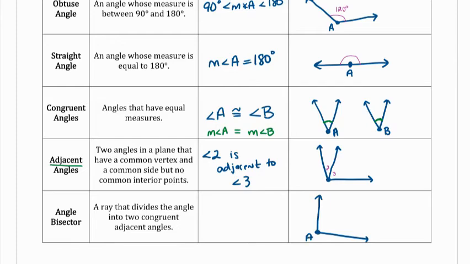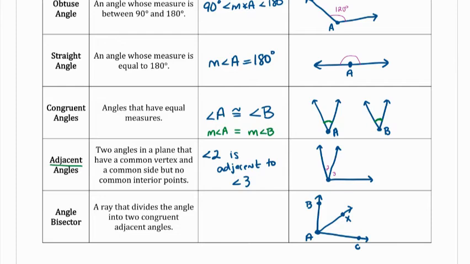And then if I draw a ray splitting that in half, then I've now created an angle bisector. Okay, so I'm going to put a few more points on here. Let's put B, and we'll put C over here, and let's call this X. Okay, so this ray, AX, is splitting our big angle into 2 smaller congruent angles.